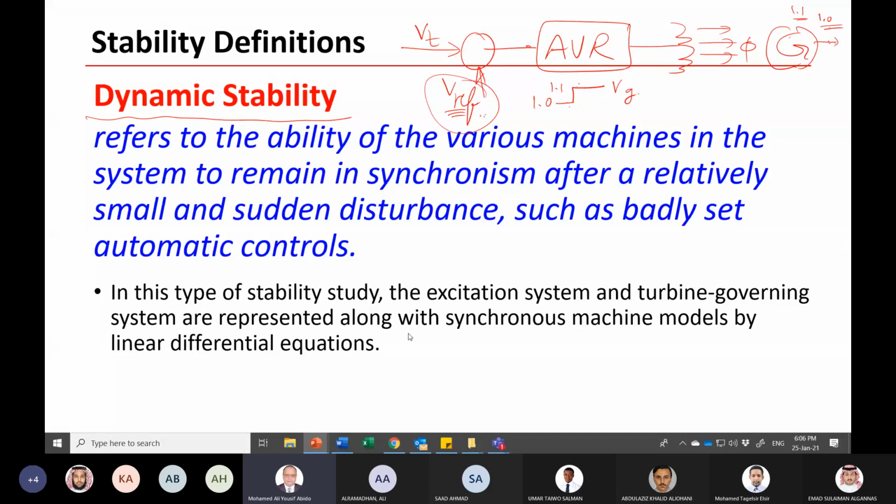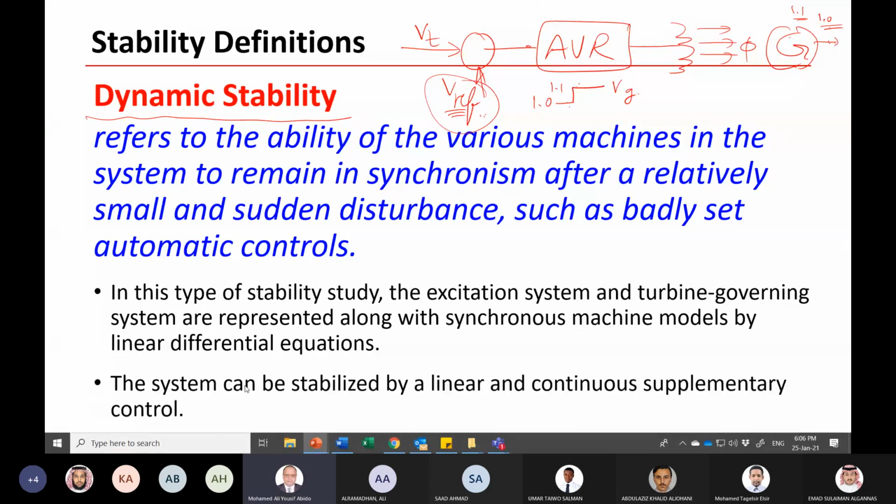So we can linearize, but it is differential equations. The system can be stabilized by linear or continuous supplementary control. You have the power system stabilizer, you have a governor, automatic voltage regulator. So all these controllers will help in solving the stability problem here for dynamic stability.